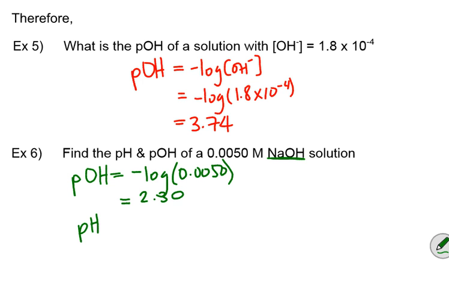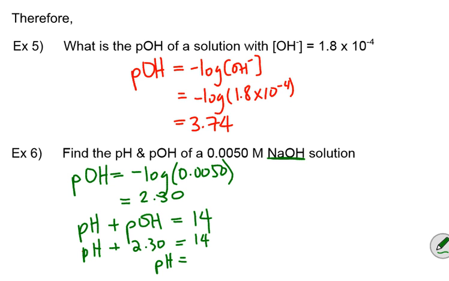And then pH plus pOH equals 14. I know my pOH, so this will be pH plus 2.30 equals 14. I can rearrange my equation and get that my pH is 11.7, which is greater than 7, so that's basic. And that makes sense because I have sodium hydroxide as my compound, which is a base.